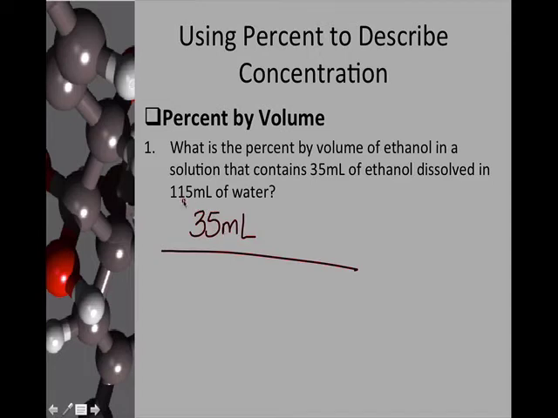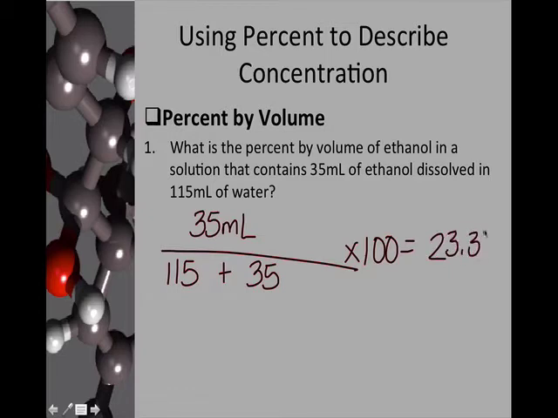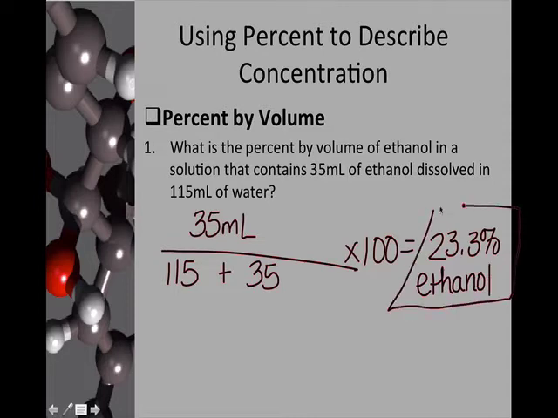We want to divide it by the water's milliliters and the 35 from the ethanol. So that's the total solution's volume on the bottom times 100, and when I do that, I end up with 23.3% ethanol. And there's your answer to that problem.